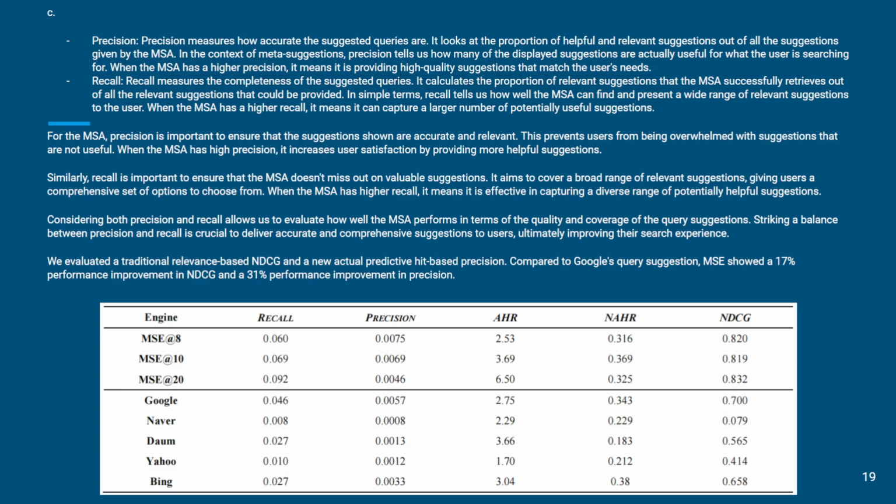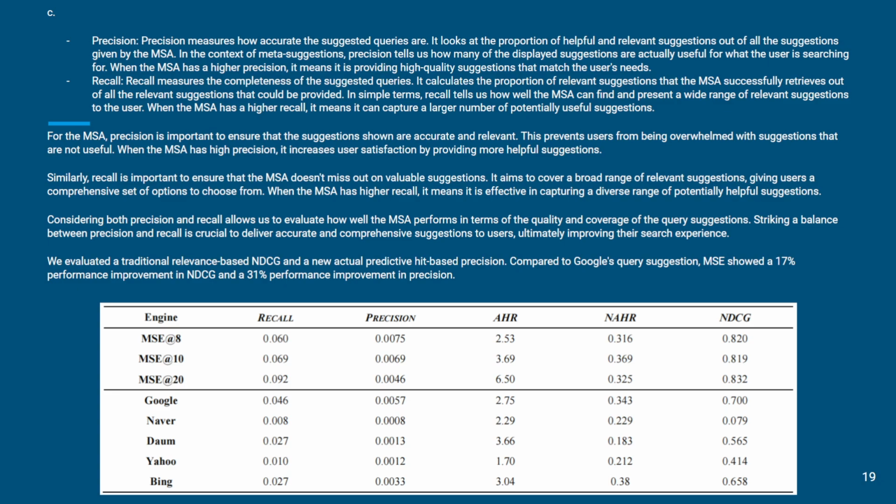And similarly, recall is important to ensure that the MSA doesn't miss out on valuable suggestions. It aims to cover a broad range of relevant suggestions, giving users a comprehensive set of options to choose from. When the MSA has high recall, it means it is effective in capturing a diverse range of potentially helpful suggestions.